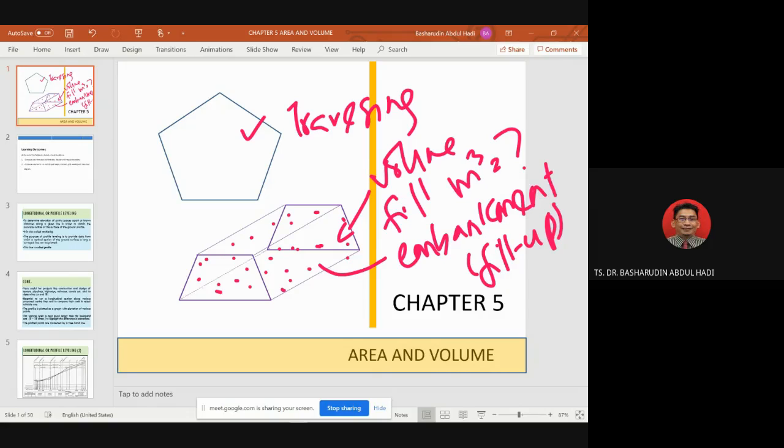Especially this embankment, we apply it on the low land area. For example, when you go from Gurun to Alor Setar, you are following a highway. The highway is the project Lebuh Raya Utara Selatan. From Alor Setar to Gurun, or from Gurun to Alor Setar, you can see that your left and right is paddy field.